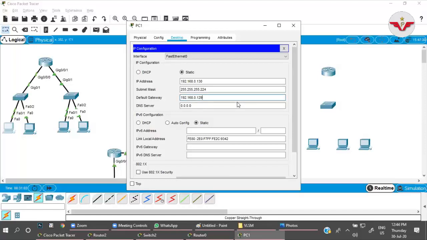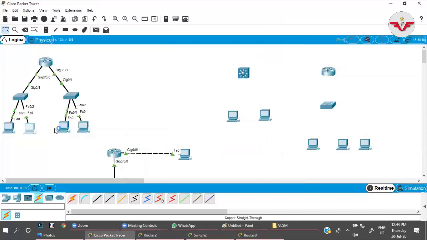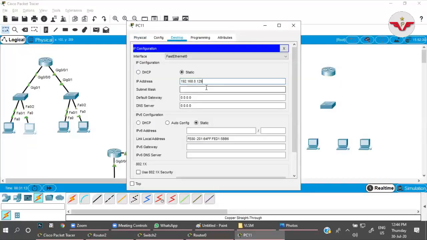Any confusion? No? And I'm giving the same network IP address here: 131, subnet mask 224, and the gateway 0.129. Okay.